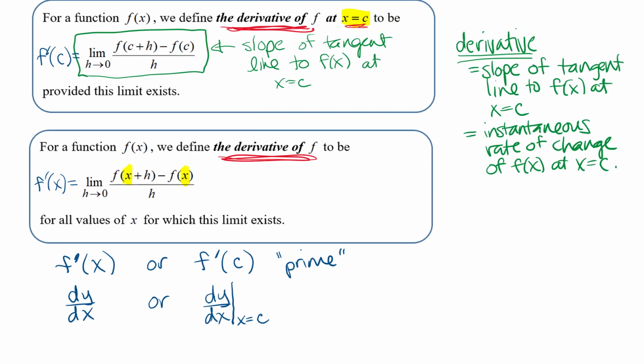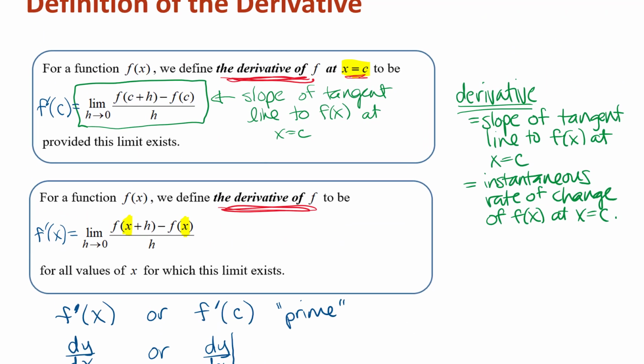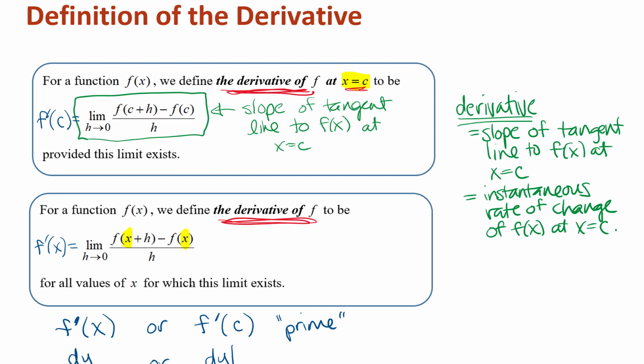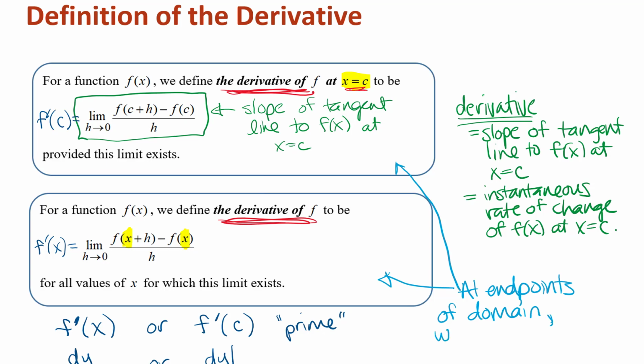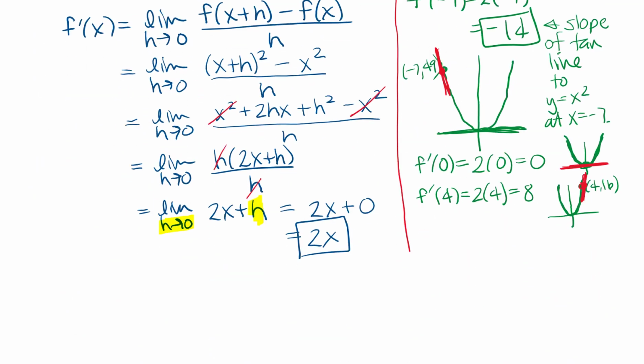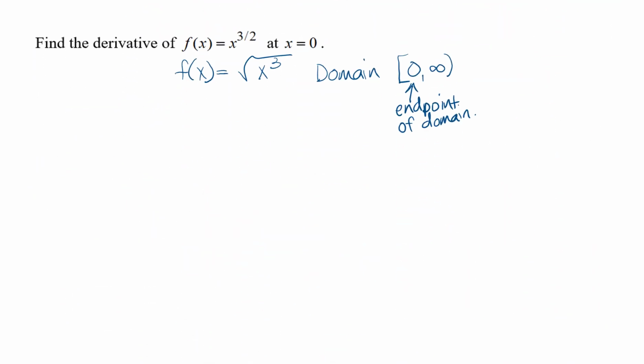But sometimes if you read the fine print, there's a little bit of fine print that indicates that at endpoints of the domain, so for either of these definitions, we're going to use appropriate one-sided limits. Okay, so we have to think about what is the appropriate one-sided limit to use.